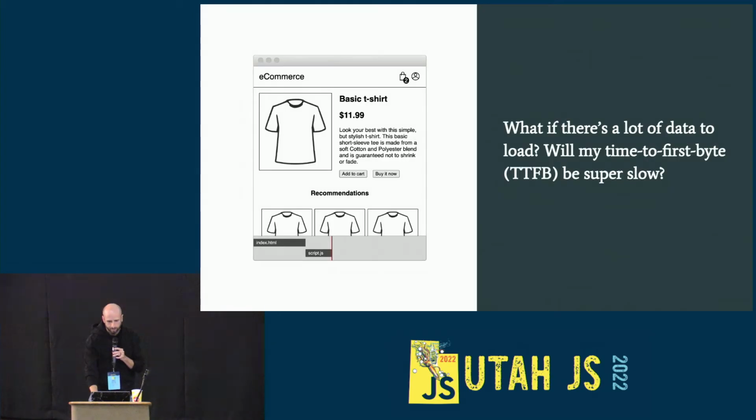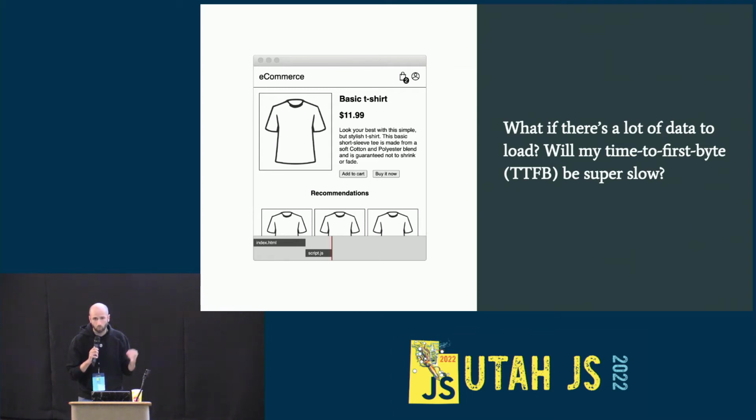All right? So one question I have: what if there's a lot of data to load? Just because the rendering is happening on the server, you still need to fetch data for this to render. But instead of fetching it in the client, you're fetching it on the server. So what if there's a ton of stuff you have to fetch from some sort of API to render this page?